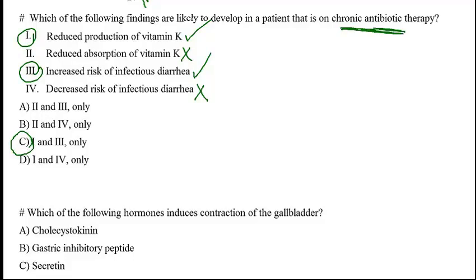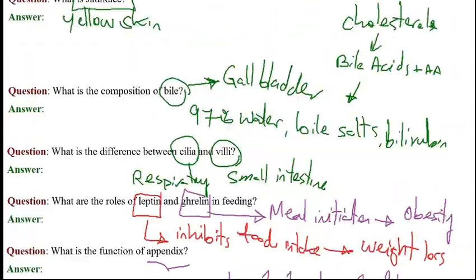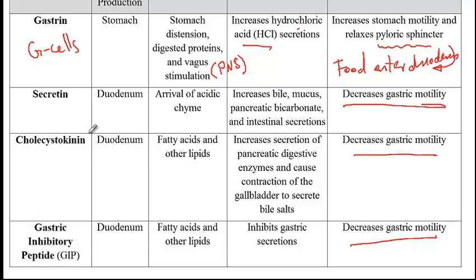Which of the following hormones induces secretion of gallbladder? And the answer is cholecystokinin. So if you go back to the table that I've provided for you here, you can see that the function of cholecystokinin was to induce contraction of the gallbladder in order to secrete the bile salts.